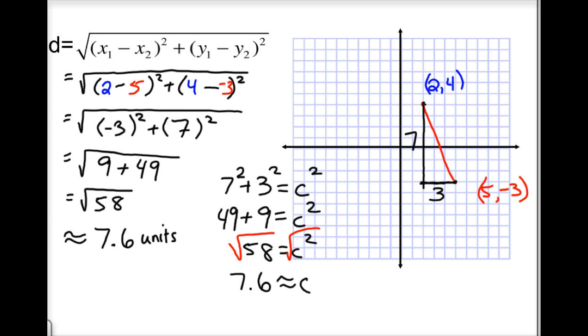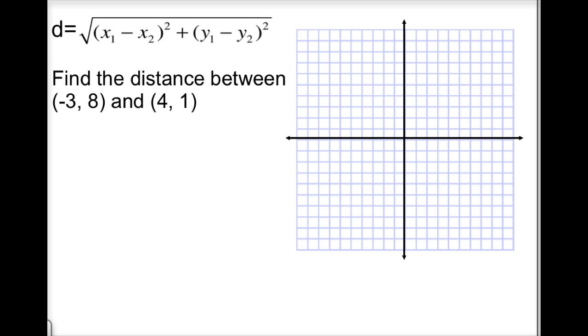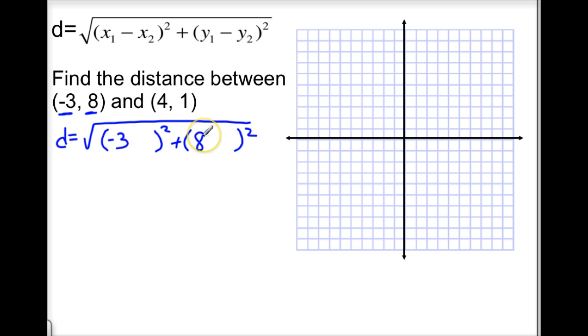So if you're given 2 points, for example in the next one, you can draw those on the graph and find the distance, or you can use the distance formula. So let's start with the distance formula. I'll plug these numbers in. This is going to be my first x, so -3, and my first y is 8.